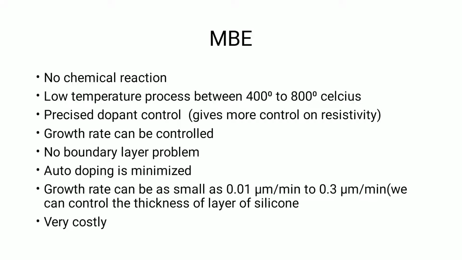And here are the advantages and disadvantages of MBE. In MBE there is no chemical reaction, that means we can make molecular beam epitaxy without any chemical reaction. It is a low temperature process, only between 400 to 800 degrees Celsius is needed. It gives precise dopant control.